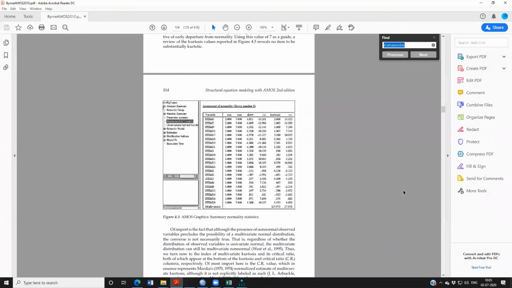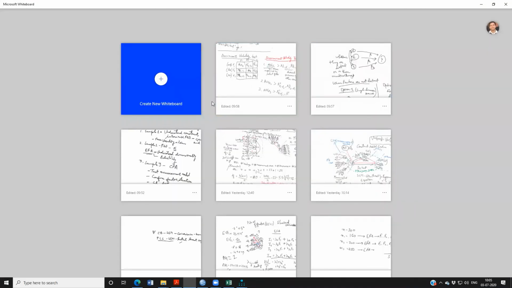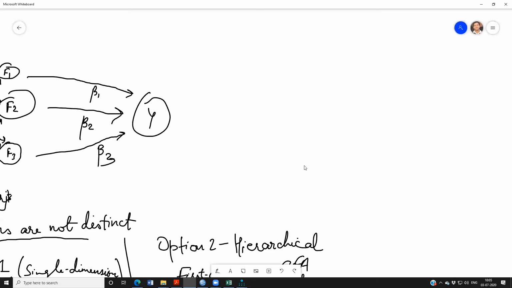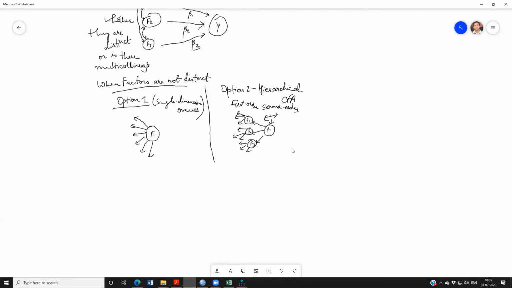And therefore, if you look at papers, they will all model a second order latent factor like this, and then work with it. There is a lot of literature which shows that people work with constructs where the underlying factors are highly correlated by modeling an overall second order construct.